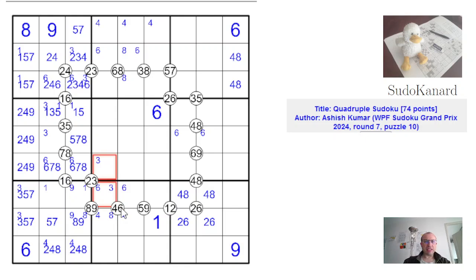There again, that doesn't seem to be very useful. I don't think I can deduce anything about the position of 2. Alright, so I should look somewhere else, probably.